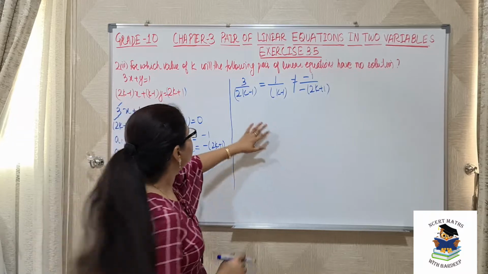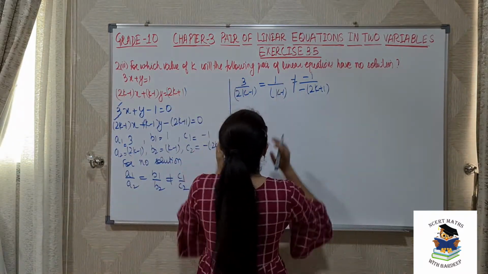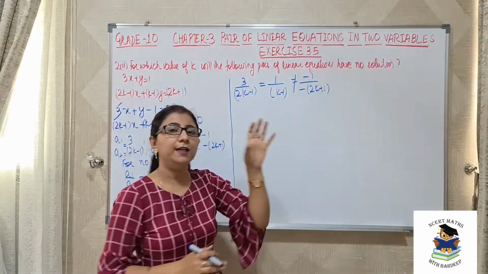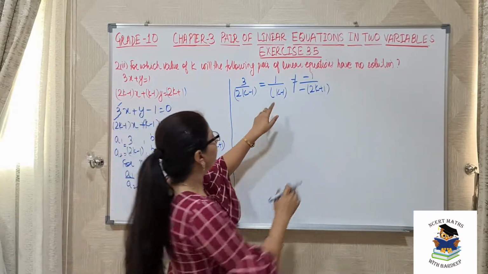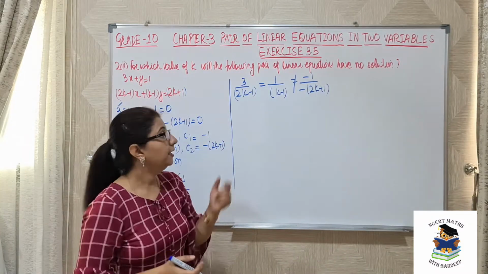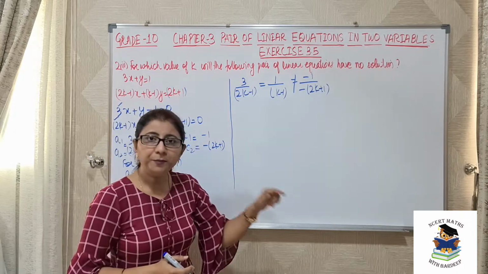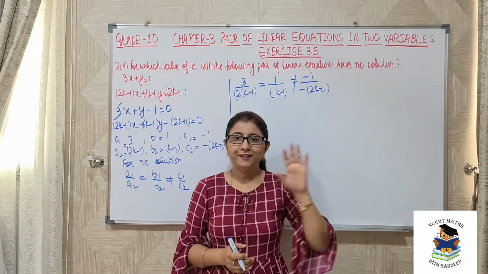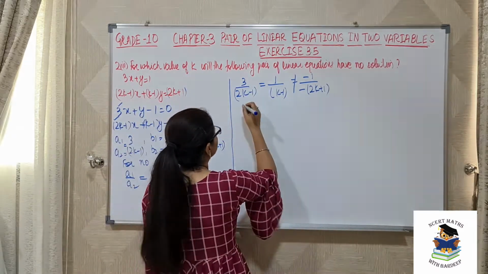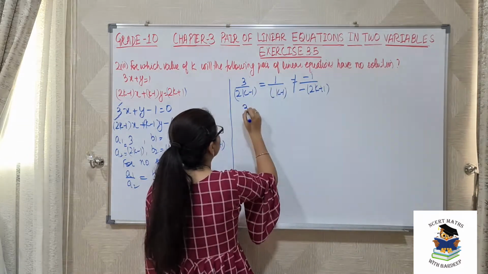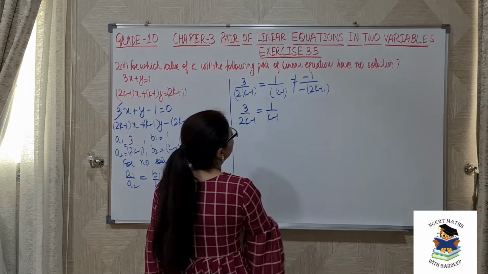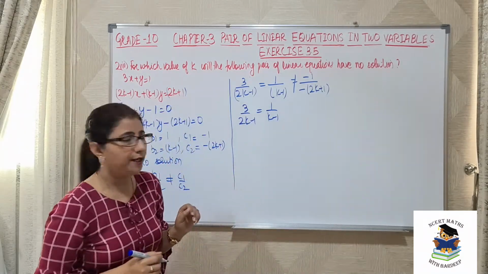Now let's understand this. If we use the first two terms, we will get that value of k which when we substitute will have no solution, meaning k should be equal to that value. But if I take the last two terms, here also I can find one value of k, but k should not be equal to that value, so that this pair will have no solution. So let's see, I am taking these two terms first. So 3 over 2k minus 1 equals 1 over k minus 1.